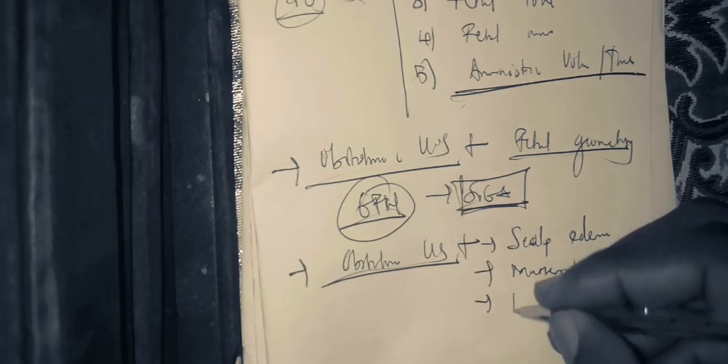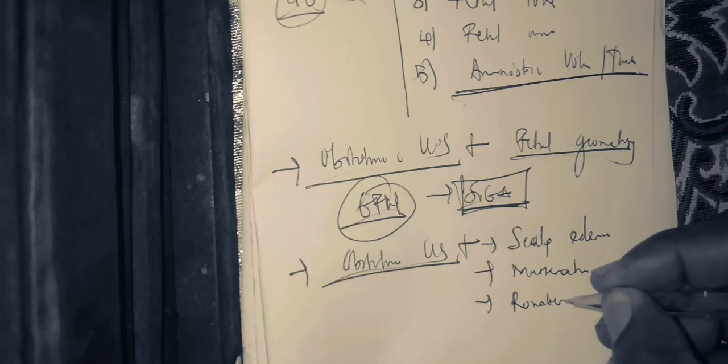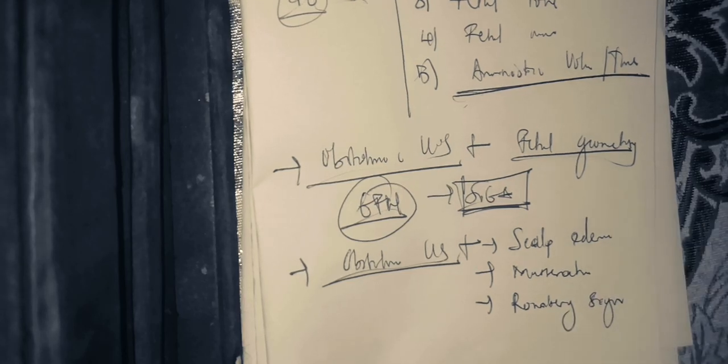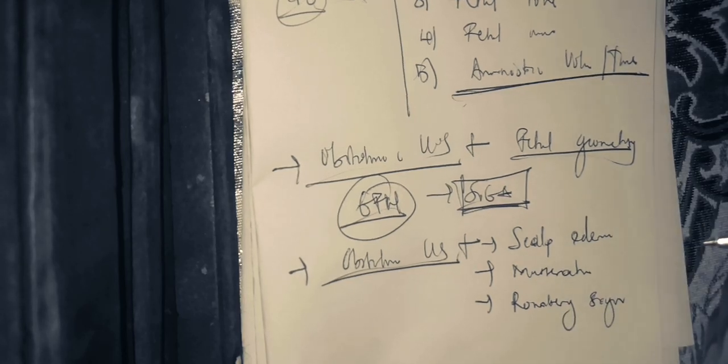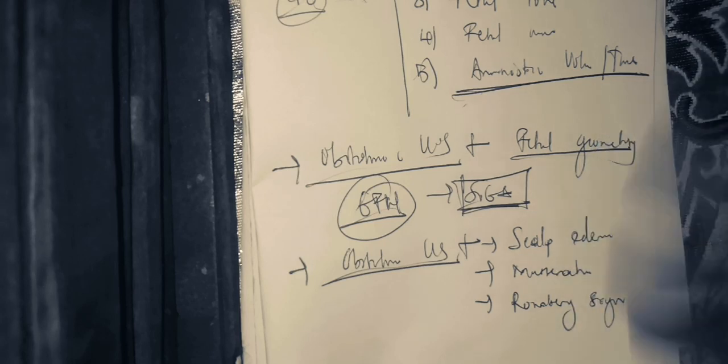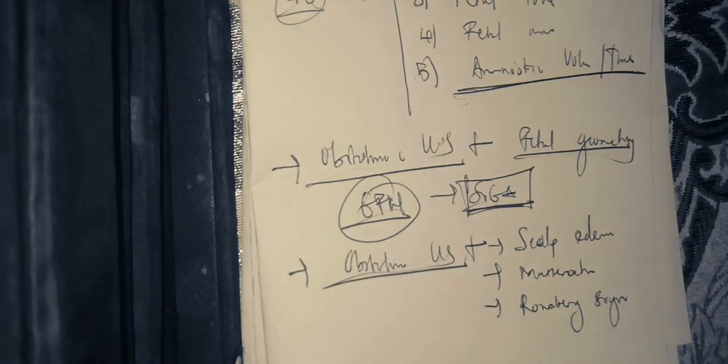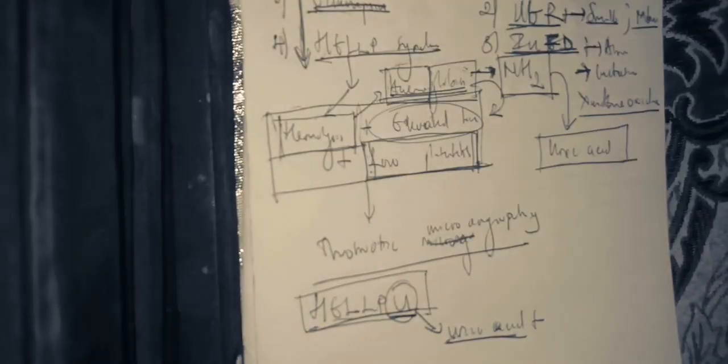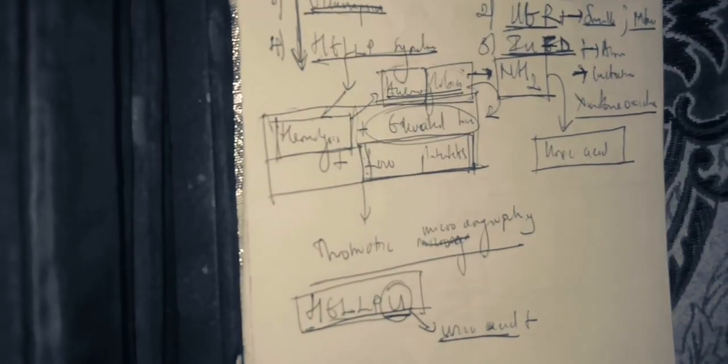The third element is the Spalding sign, which is a thrombus located at the level of the heart of the fetus. Is it clear? So those are signs which can tell you that there is acute intrauterine fetal demise. So those are the different elements.